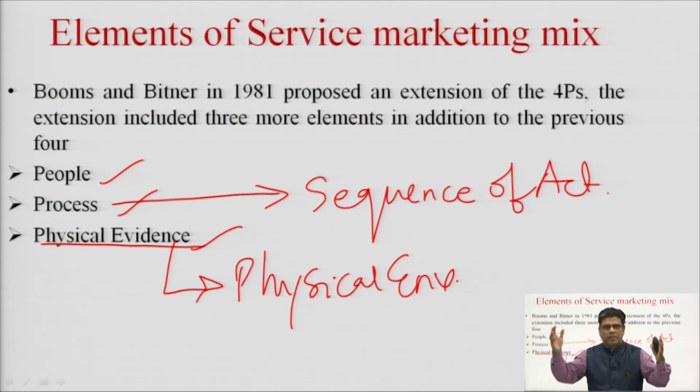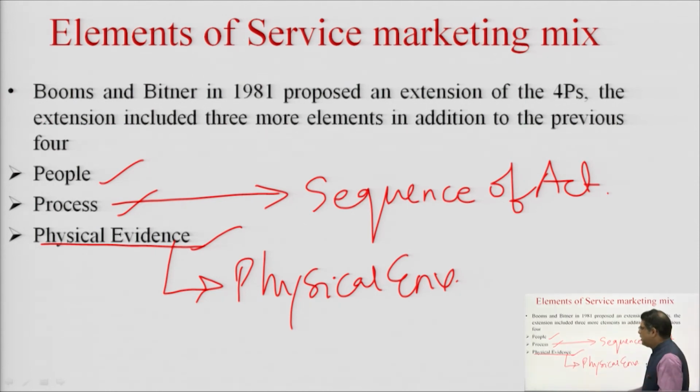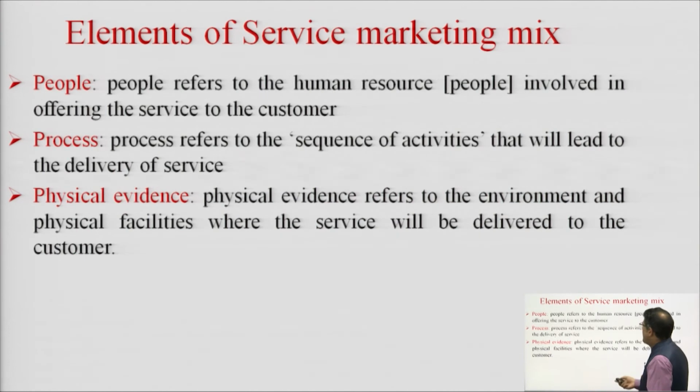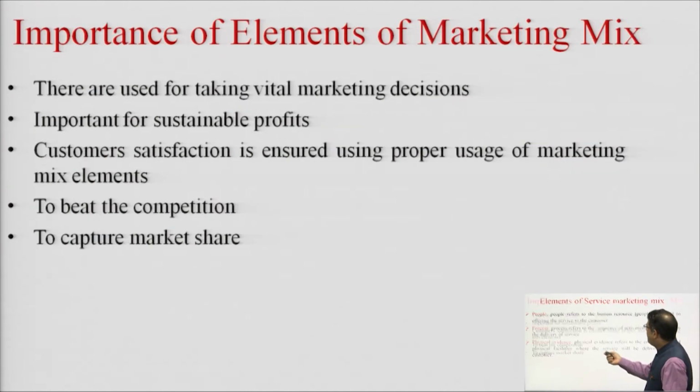So, all this is the physical setting of the service. So, this physical environment in which the service is offered is referred to as physical evidence. So, there are 4 P's for product and 7 P's, the 4 P's plus 3 P's for a service: people, process and physical evidence that we discussed right now.